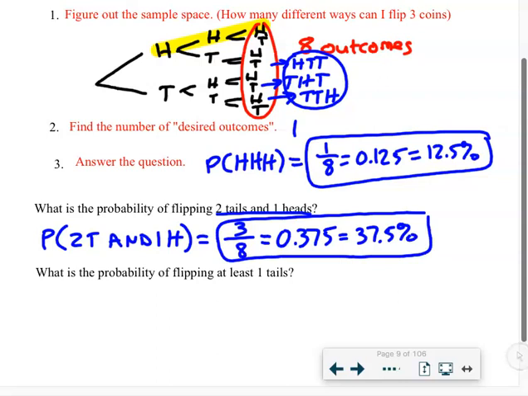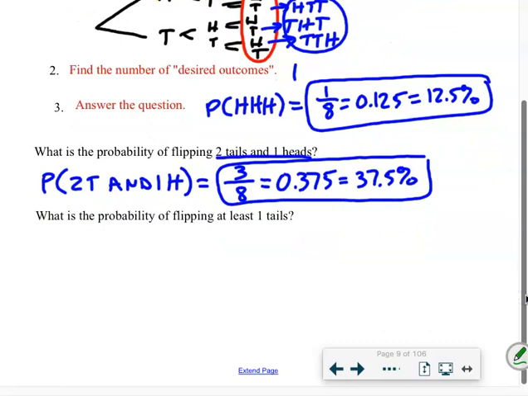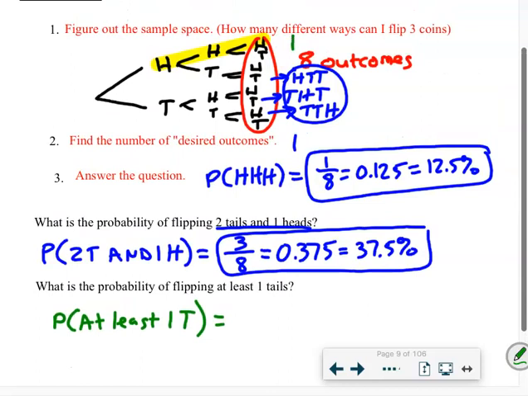If it asks at least, what's the probability of getting at least 1 tails? Okay, well, probability of at least 1 tails. Okay, well, there's only one way that we don't have a tails. H, H, H, that has 0 tails in it. Okay, everything else has at least 1 tails in it.